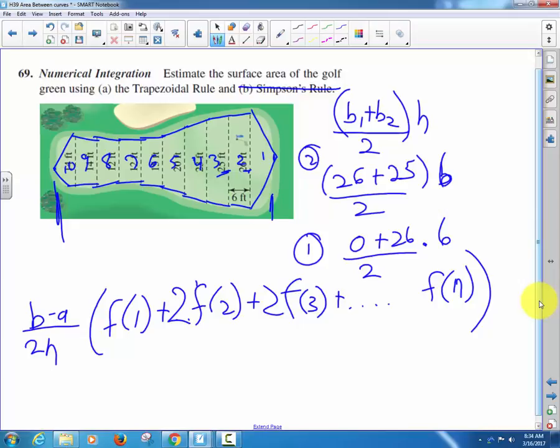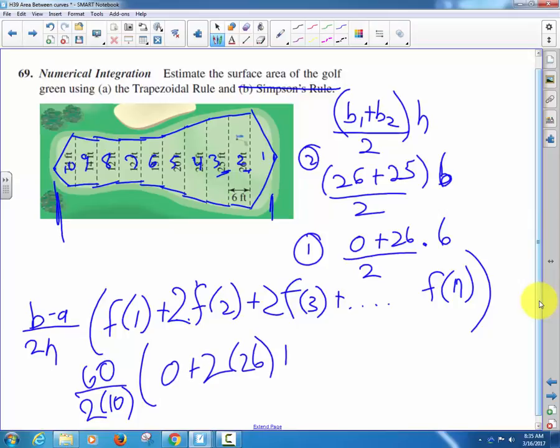Well, 6, 12, 18, 24, 30, 36, 42, 48, 54, 60. So B minus A is 60 over 2n. How many of them do we have? 10. All right, F1, that's the first height, which we said was 0, plus 2 times each of the next ones. 2 times 26, 2 times 25, 2 times, what is that one there?